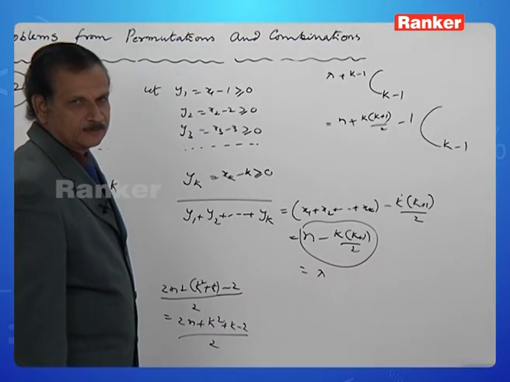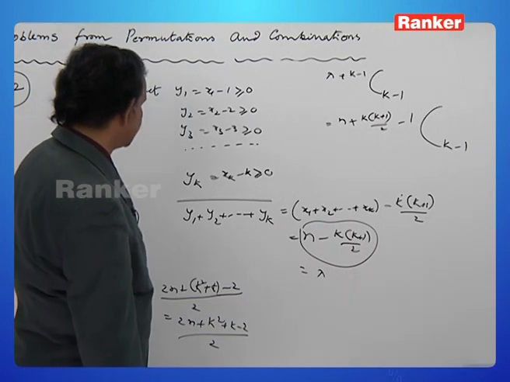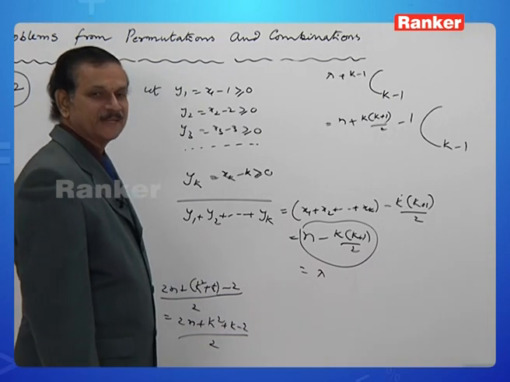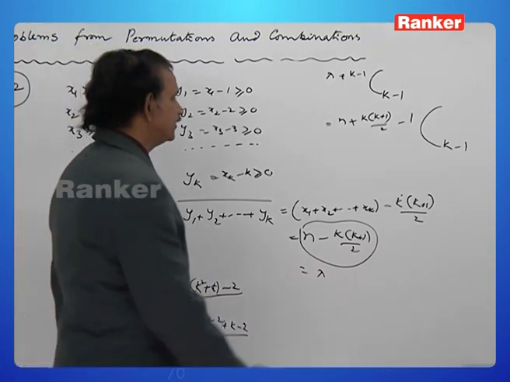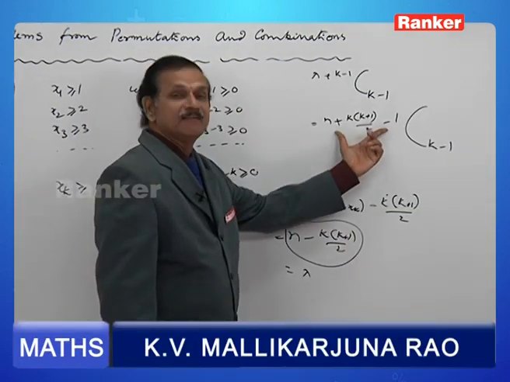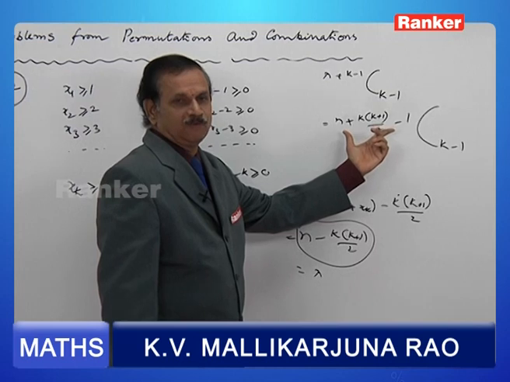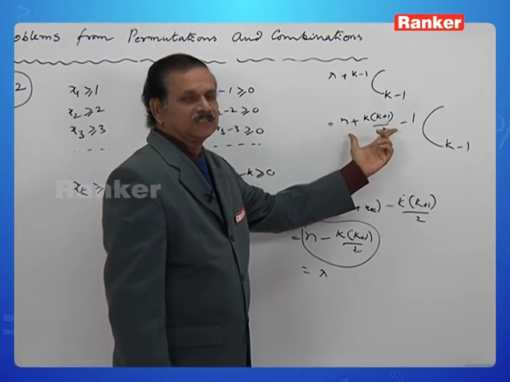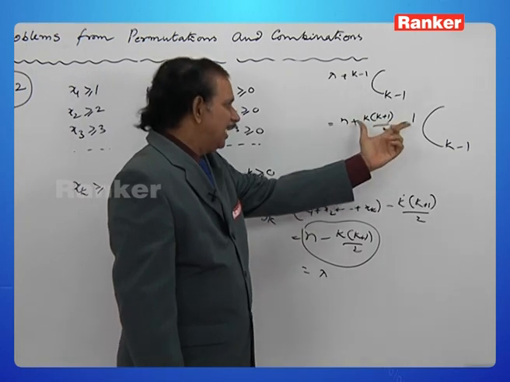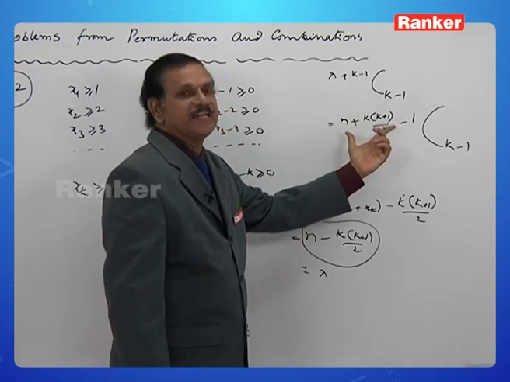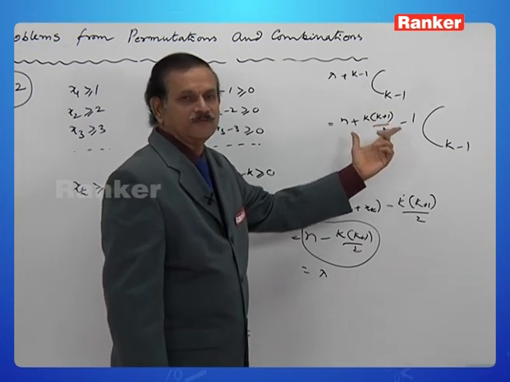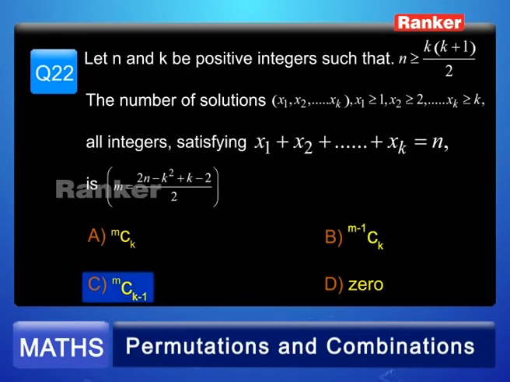You observe this. 2n minus k square plus k minus 2 by 2 is nothing but given m. Hence it is m C k minus 1. You calculate, this is nothing but m given. Therefore, the right option is the third option, that is option C is the correct option. Without giving this entire thing, he has just given m, and inside the brackets he has given the value of m, of course. That is the answer. Option C is the right answer.